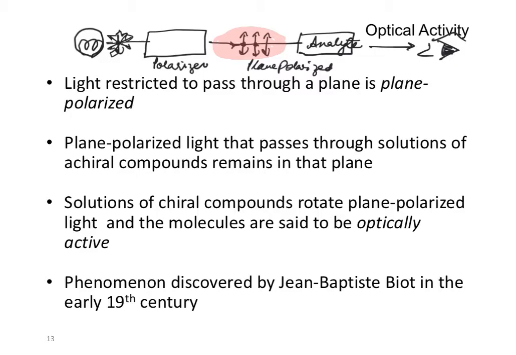And he found that not all molecules had the ability to exhibit this property, and so the ones that did, he called them optically active. This device that is able to do that in modern times is called a polarimeter.